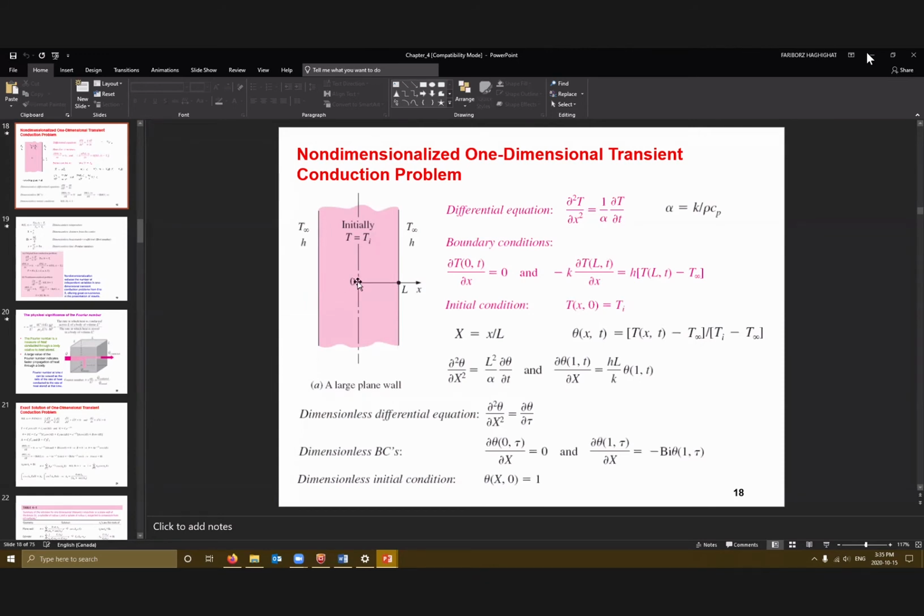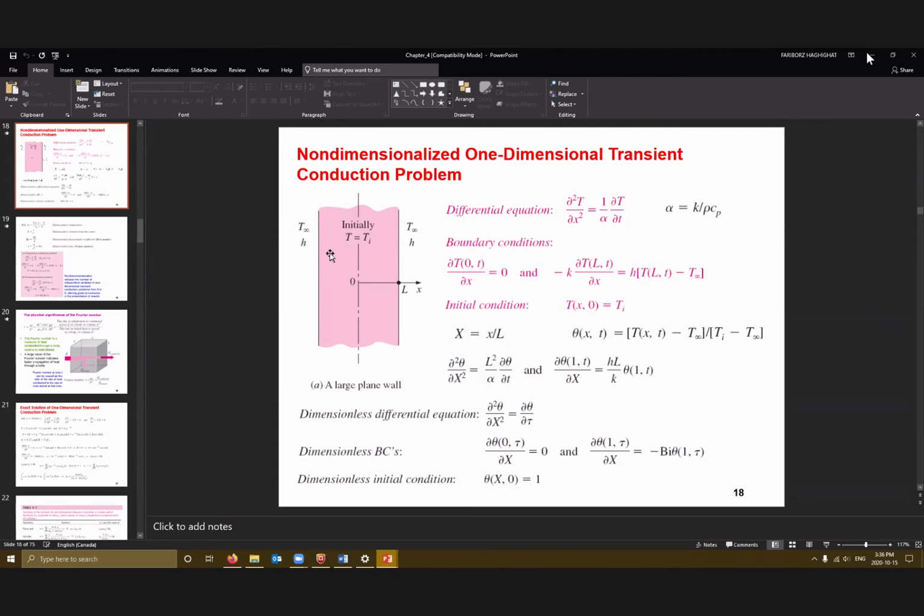We mentioned that at x equals L, we have convective heat transfer. Therefore, you have heat loss from this surface and also from this surface, both by convection. This equation represents the temperature profile in this solid.